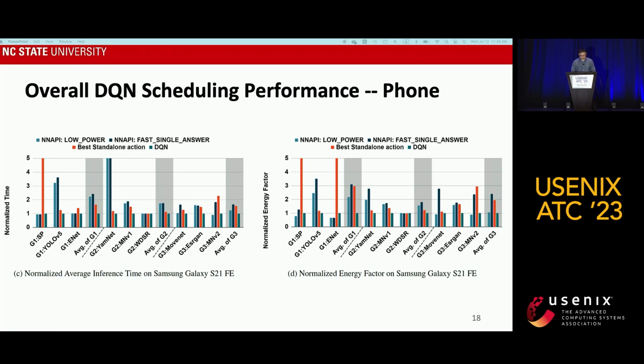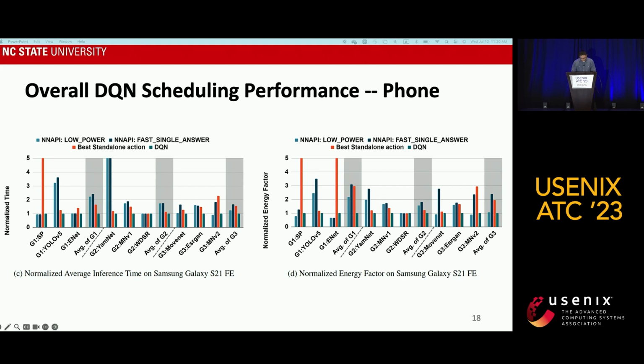Okay, and here comes the first experiment, Co-run 3. In this experiment, we co-run 3 DNN groups with uncontrollable apps. This is the profiling experiment on the phone, and we can see the comparison of these.